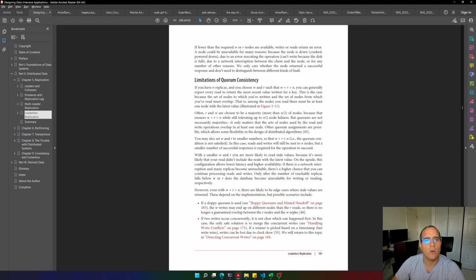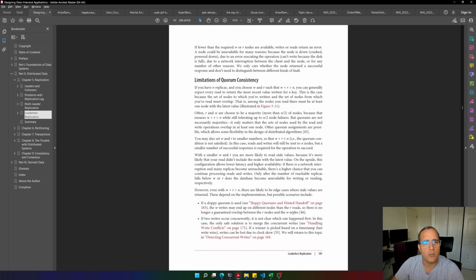A node could be unavailable for many reasons: because the node is down, crashed, or powered down, due to an error executing the operation, such as being unable to write because the disk is full, due to a network interruption between the client and the node, or for any number of other reasons. We only care whether the node returns a successful response and don't need to distinguish between different kinds of faults.